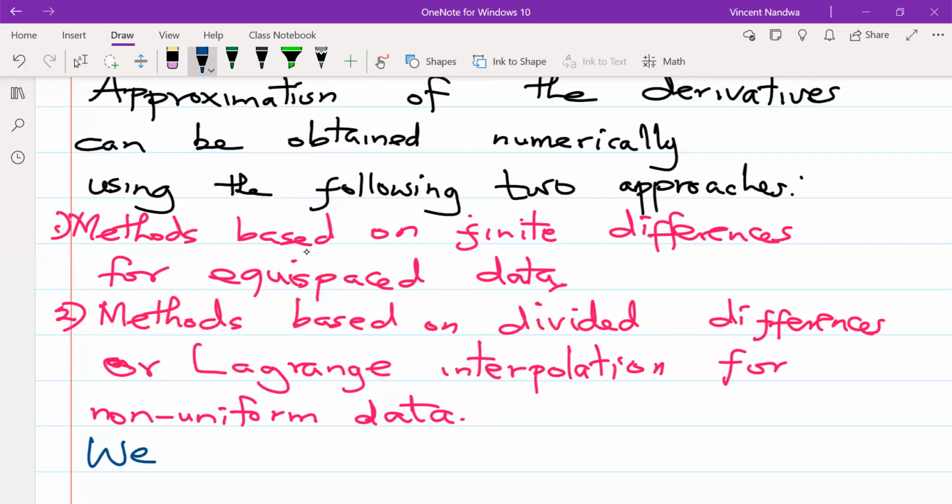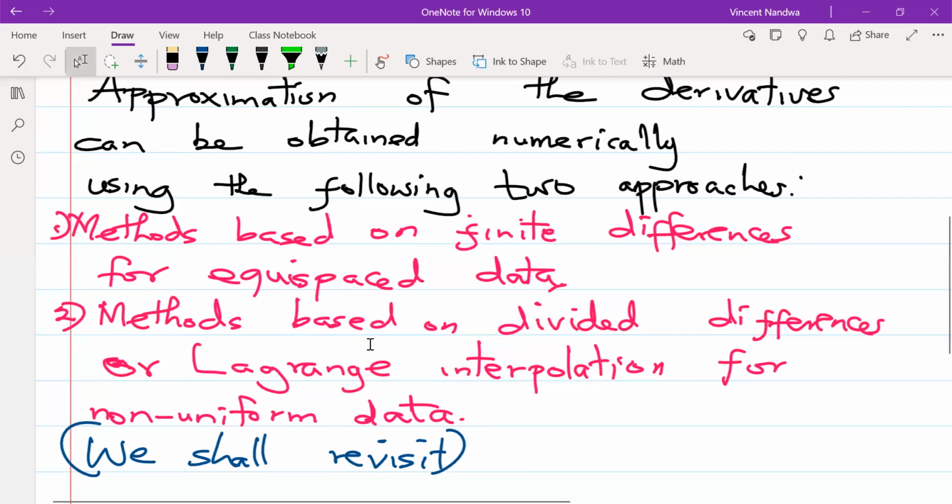So we shall revisit numerical differentiation methods. Some of the formulas you will not be asked to derive, but you will be asked to apply them.